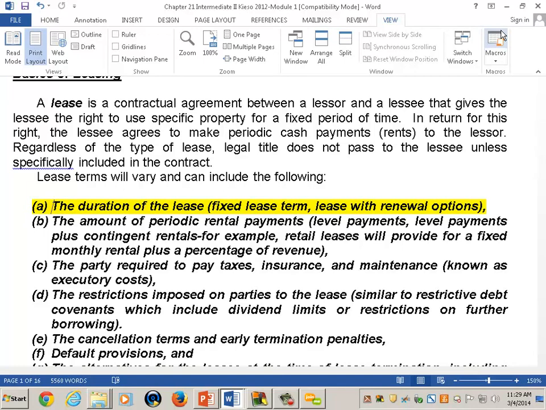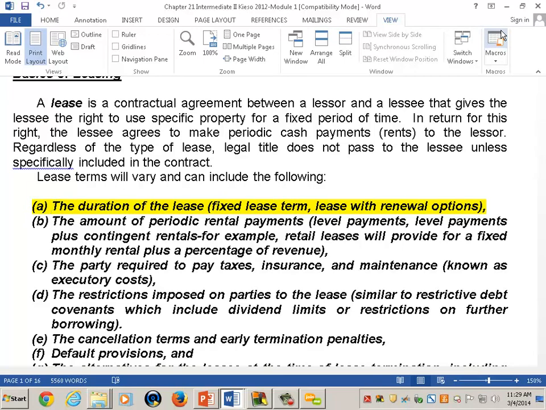Next one, periodic rentals. For us, we're going to keep it simple. We have level payments for our class. In practice, you could have contingent rentals. Real estate leases typically will have contingent rentals, so that you pay a flat rate, $10,000 a month, plus 20% of sales.